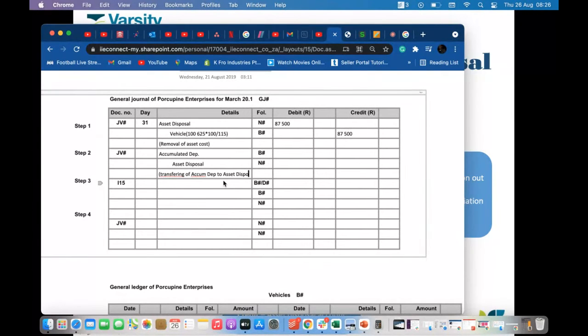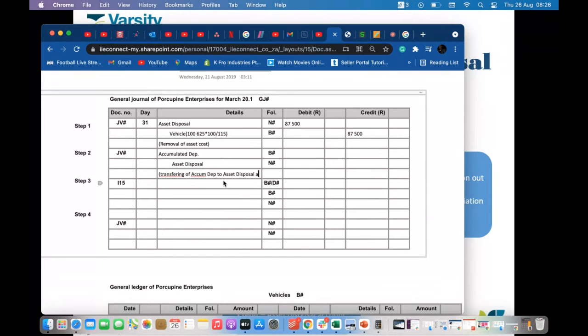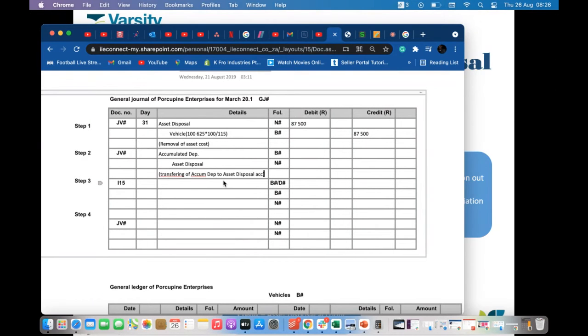So maybe you want to just say removal of accumulated depreciation. That would be easier, shorter, more concise and to the point. Saves you time as well. And we said we are debiting the 42,700, and we're crediting the same 42,700.